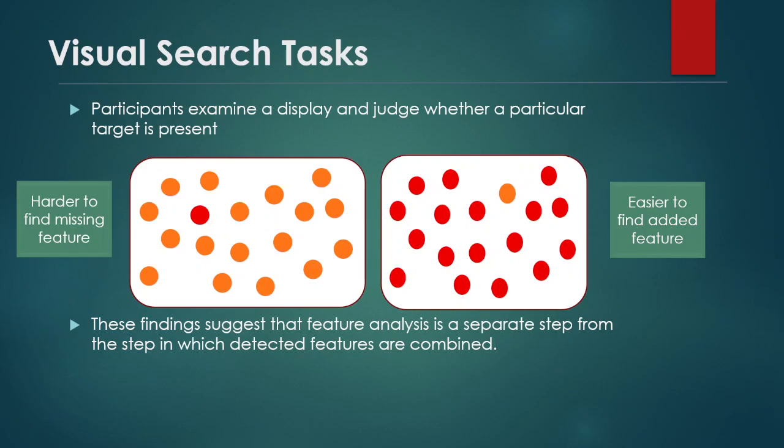And this really supports the idea that feature analysis is separate from the step where you detect the features and then combine them together, right? This kind of supports that analysis by synthesis model idea that it's a three-stage process. So this kind of design helps to illustrate aspects of that theory.